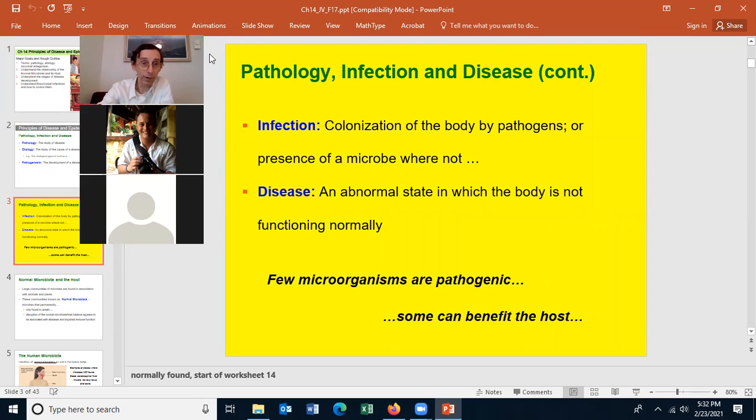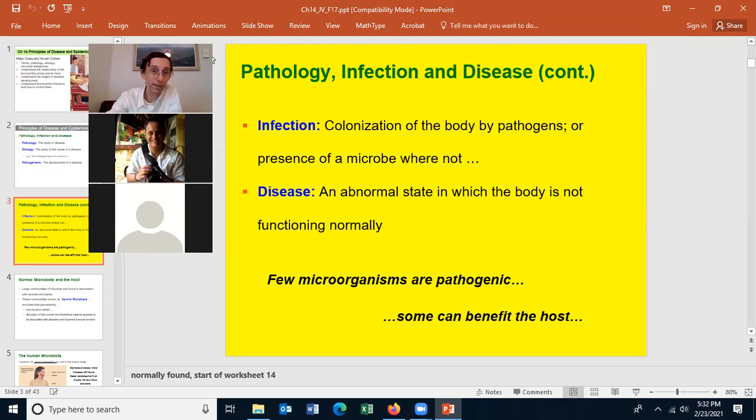This is the start of the worksheet, but I decided I'm going to go through it because people seem to be having a little bit of trouble with the in-class assignment, meaning the worksheet and the lecture. So infection, the colonization of the body by pathogens, or the presence of a microbe where it's not normally found.